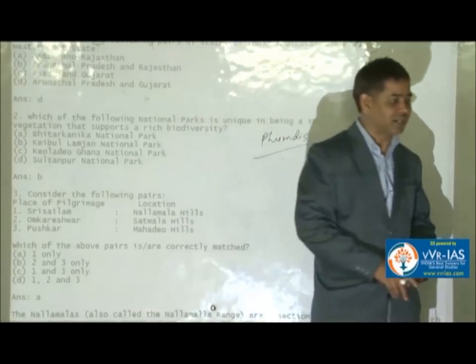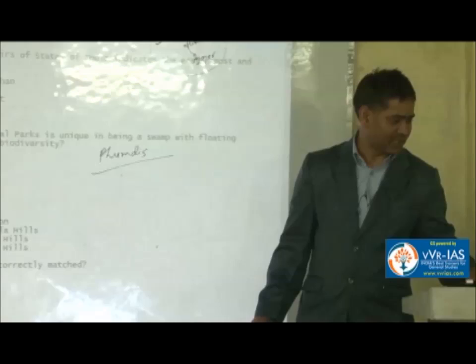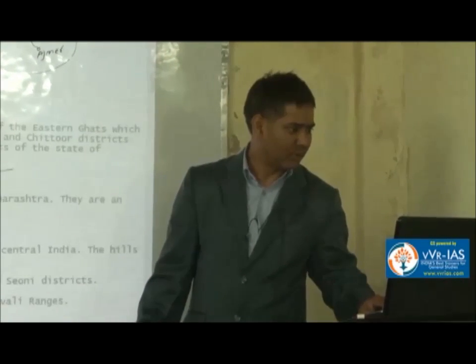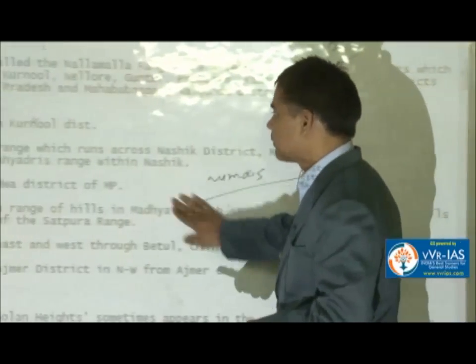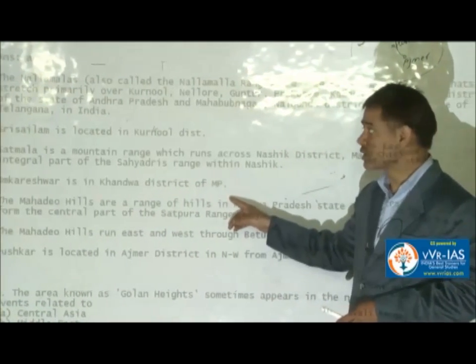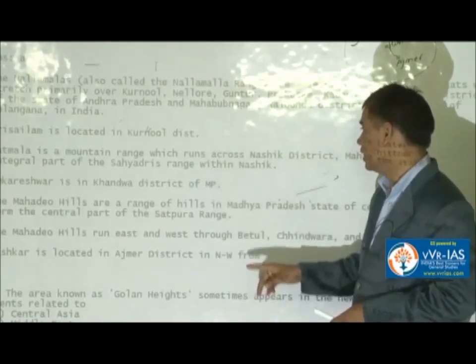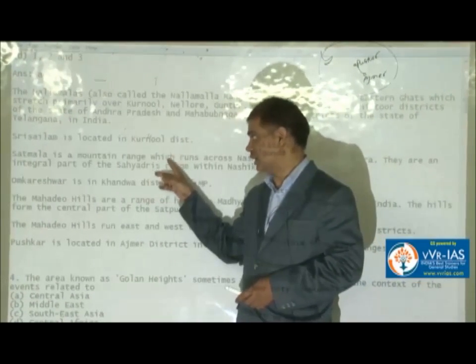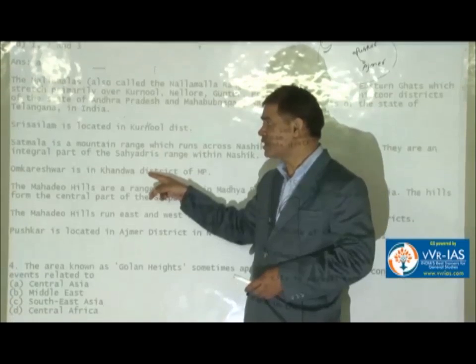I have provided the details of all the explanation, and all such questions which I am discussing will be provided with detailed answers. Omkareshwar is located in Khandwa district of Madhya Pradesh, but Satmala is located near Nasik, in the Sahyadri ranges, that is Maharashtra. So that is a mismatch.